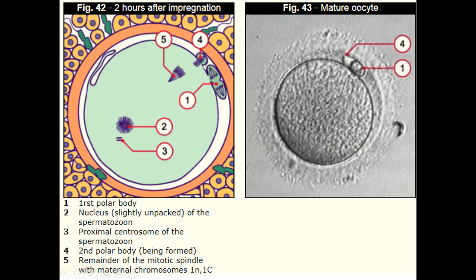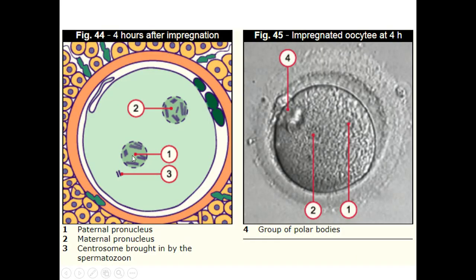You see, the second polar body is formed, and these chromosomes, male and female, finally form two pronuclei. They are like nuclei, two different nuclei, but they are incomplete, so they're just preparing for the further mitotic division. It's the first mitotic division of the cell, which is known as the zygote.